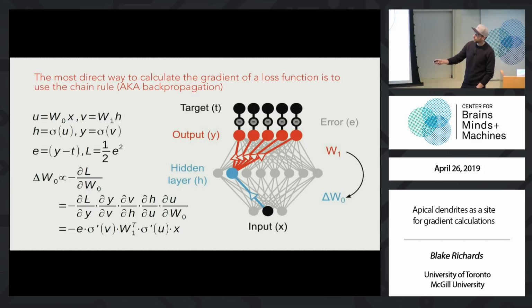So there's our loss function. L is equal to 1/2 the error squared. When we calculate the partial derivatives of this loss function with respect to our synaptic weights in the hidden layer, which of course we're going to use to calculate our gradient, we end up getting this courtesy of the chain rule, and that gives us this equation here. So this is just all the partial derivatives chained out from the loss function all the way down to these synaptic weights here.